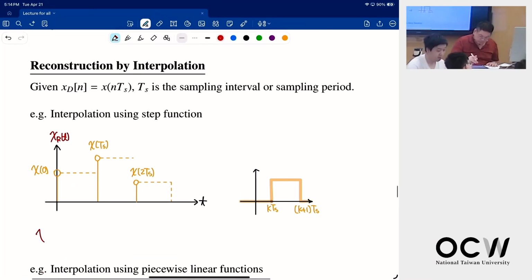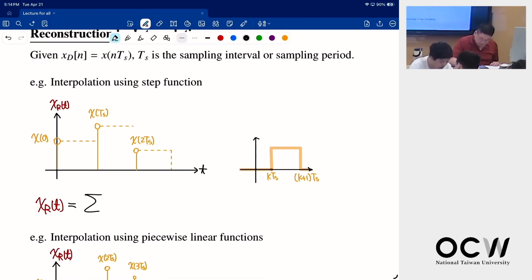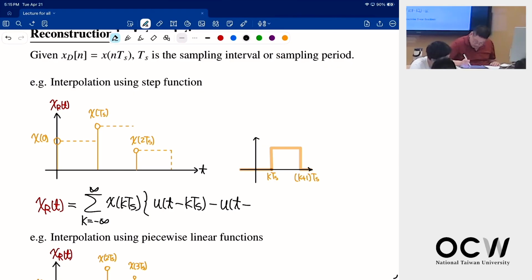So the x_r, this reconstructed signal, is having all the step functions. How do we express the step function? u(t minus k Ts) minus u(t minus (k plus 1) Ts).